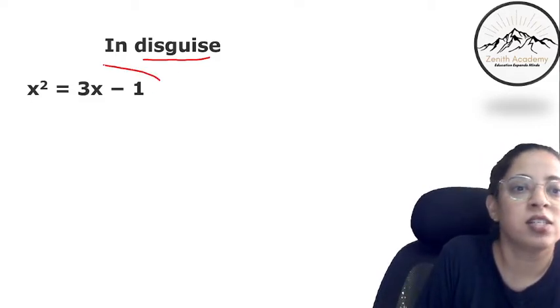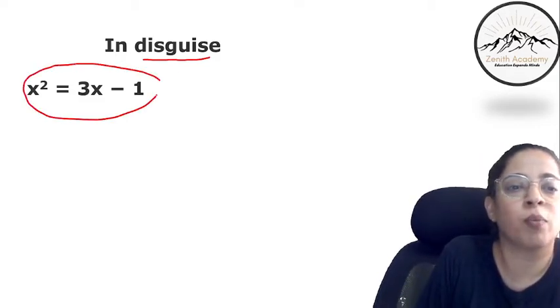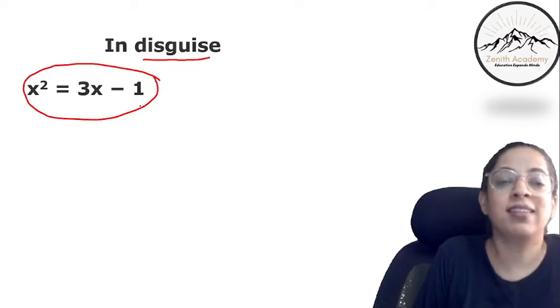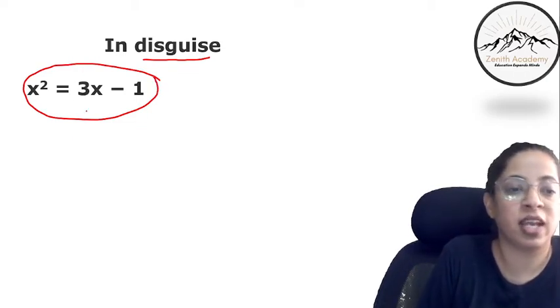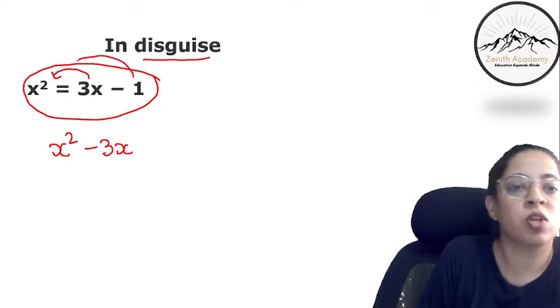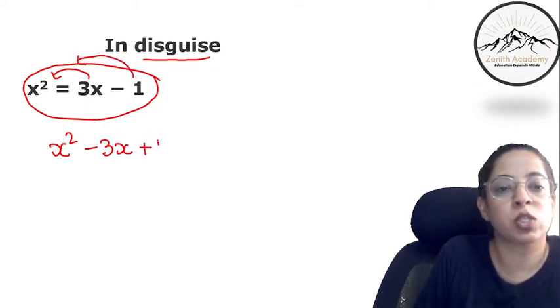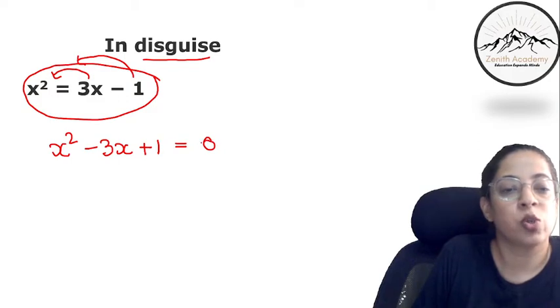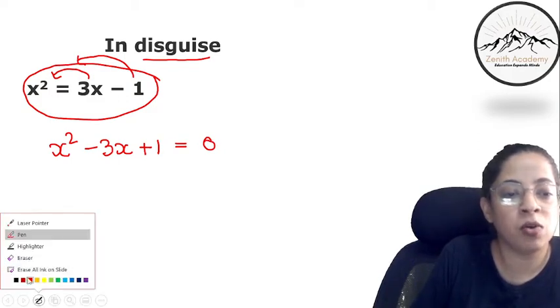Now here, see, this is not in the standard form, but this is a quadratic equation. See if we can convert it to the standard form. Bring this 3x to the other side, so x square minus 3x. Bring this minus 1 also to the other side, so it becomes plus 1 is equal to 0. So isn't it a quadratic equation now?